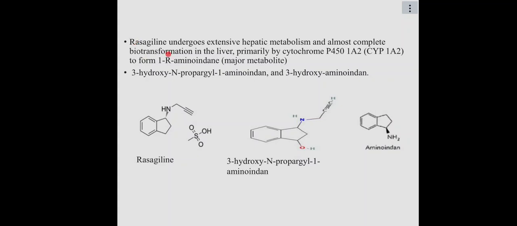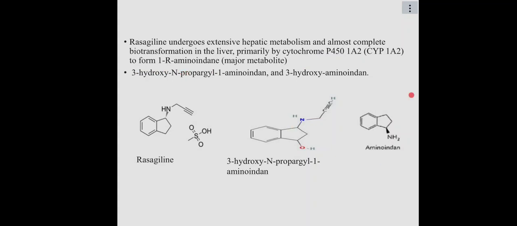Rasagiline undergoes extensive hepatic metabolism and almost complete biotransformation in the liver, primarily by the cytochrome P450 enzymes, the mixed function oxidases, to form 1R-aminoindane.